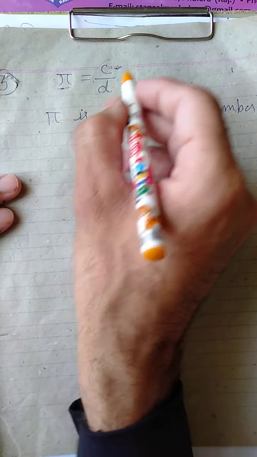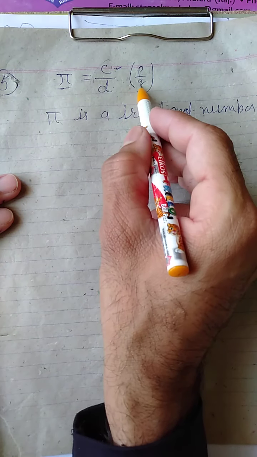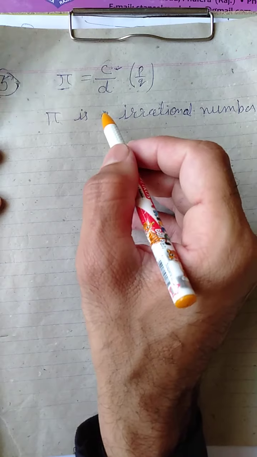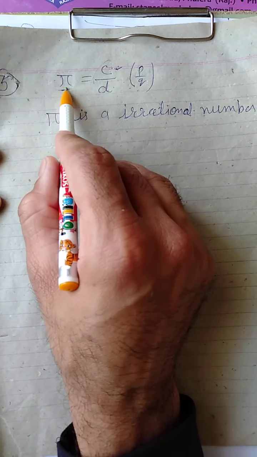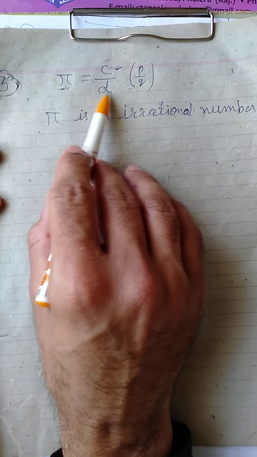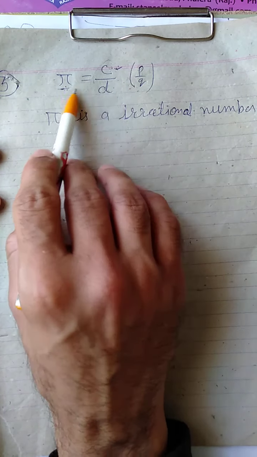The number which we can write in the form of P upon Q is rational. And this is irrational, so this is a contradiction. Irrational and rational, we cannot write them equal. ये equal नहीं हो सकते, लेकिन ये सही है.